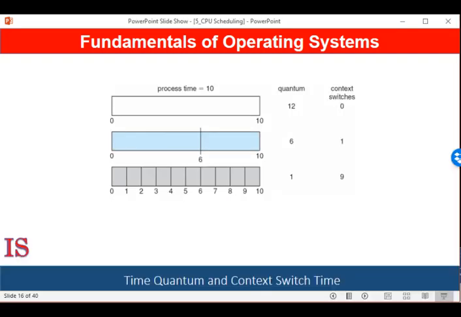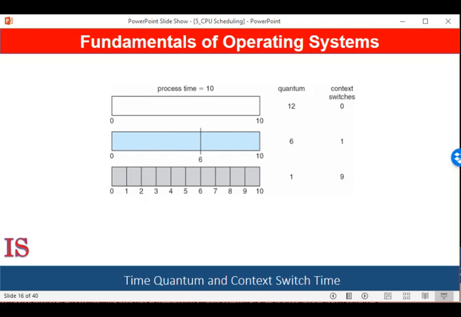On the other hand, if the time quantum is very small, say 1 millisecond, the round-robin approach can result in a huge number of context switches, and a context switch, as we have already learned, is time-consuming. You know, it's got to save that process control block, bring the other process control block in, and so on.